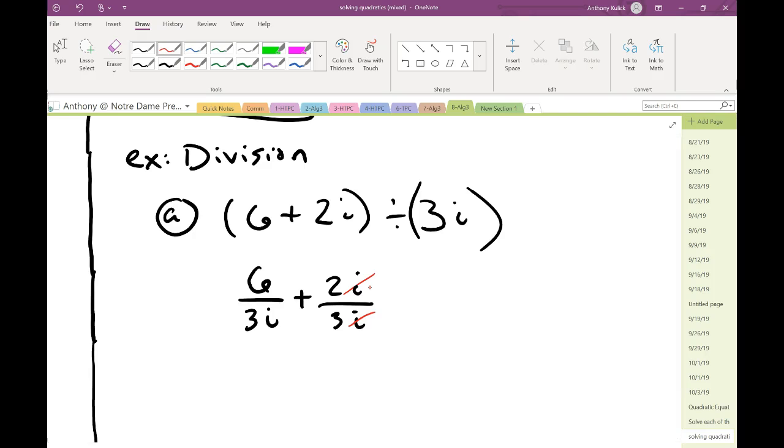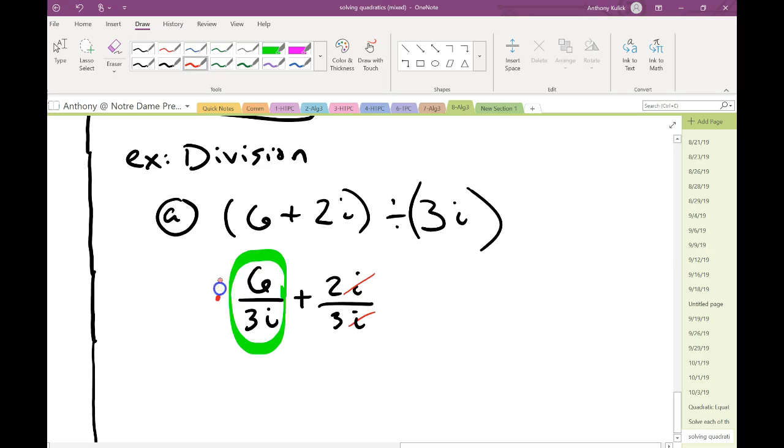Our issue, though, is on this first fraction, because this is not a complex number. The reason it's not a complex number is because the i is in the denominator. We need to figure out a way to move that i from the denominator to the numerator.